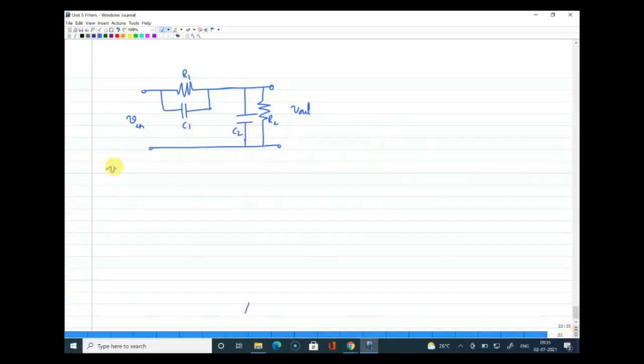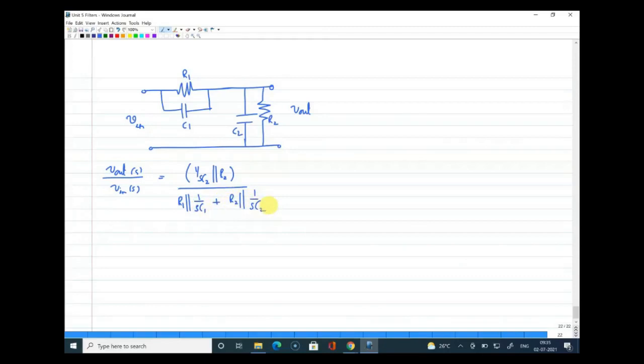So I can write V out of S by V in of S. In the simple low pass filter, you will have one R and C, so the expression we have written was that, but now we need to make it parallel, because here the output is taken across 1 by SC2 parallel to R2, divided by R1 parallel to 1 by SC1 plus R2 parallel to 1 by SC2.